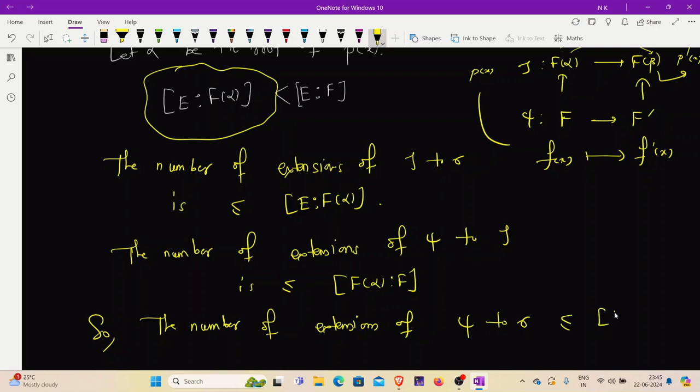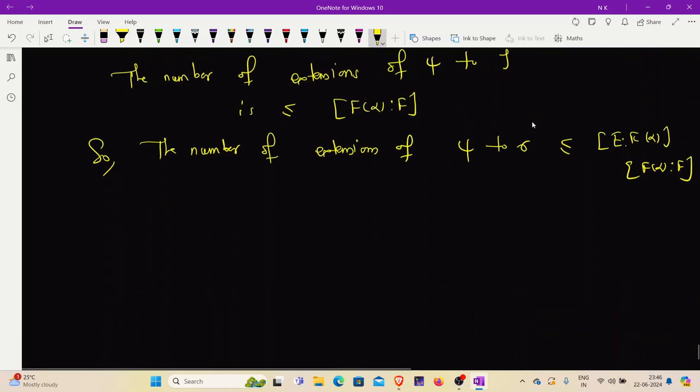So less than or equal to E over F(alpha) times F(alpha) over F, and that is equal to the degree of extension of E over F. And the number of extensions of psi to sigma is nothing but the automorphisms of E over F, right, which fix F. So that means the cardinality of automorphisms of E over F is less than or equal to the degree of extension of E over F. That's the proof.